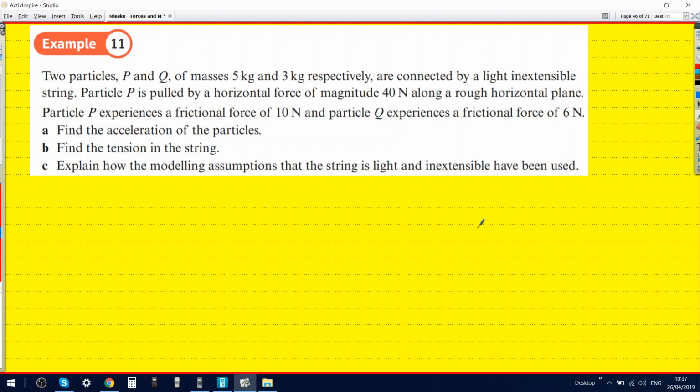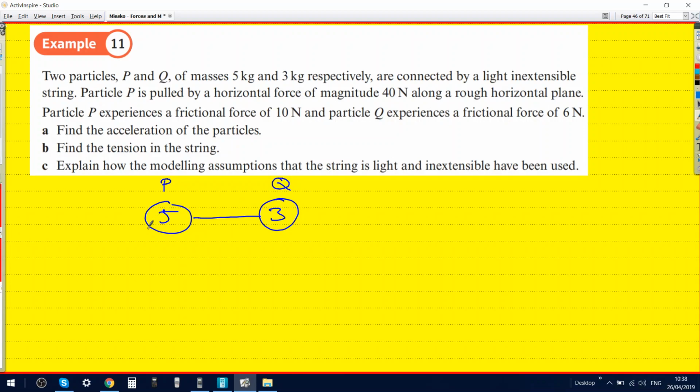So do we draw a diagram? Yes, that could help. So let's say that. Hang on. No. 2 particles. Okay. So this is P. Oh, maybe I should have done it the other way around. Okay.